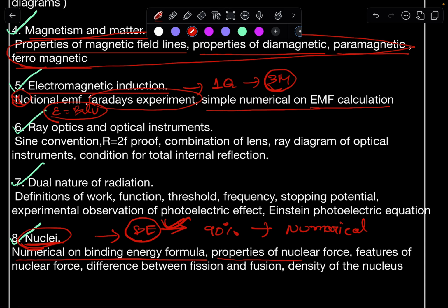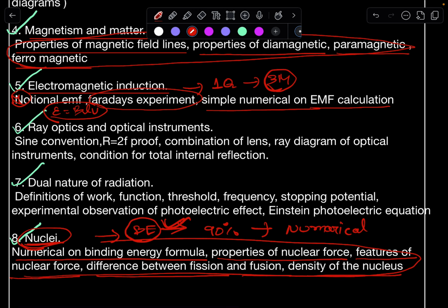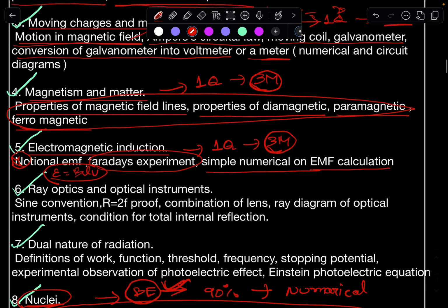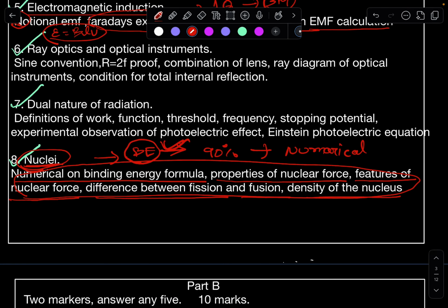Next, properties of nuclear force, features of nuclear force, difference between fission and fusion, and density of the nucleus. These are the easiest topics in the nuclei chapter. So for the safe zone, you can practice the nuclei chapter also. If you practice these chapters, you can definitely get 15 out of 15 marks in the 3-mark section.